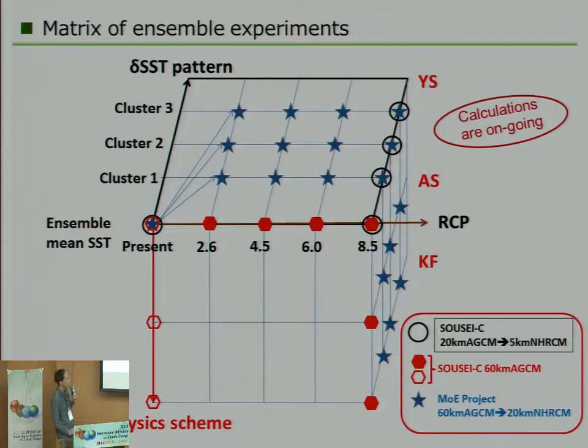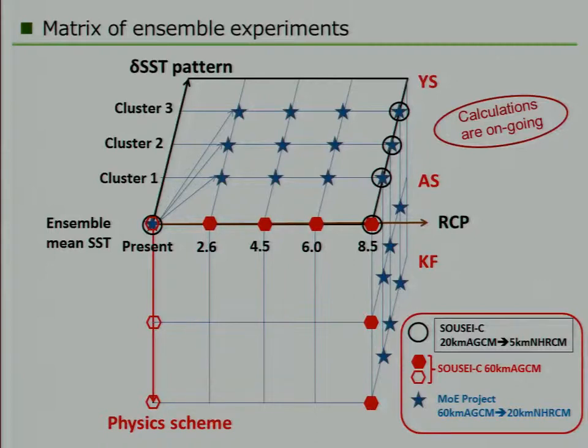So this is the diagram of the ensemble experiments. It becomes a 3D diagram. This axis is the scenario ensemble, and this axis is the ensemble physics scheme, the cumulus parameterization scheme, and this axis is the SST ensemble. The black circle shows the 20-kilometer experiments.